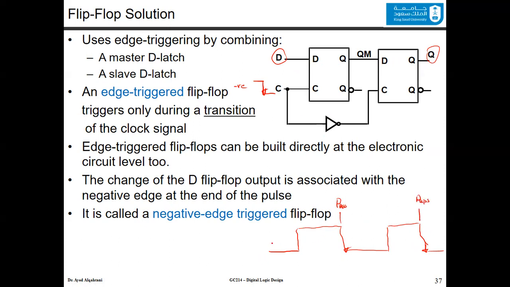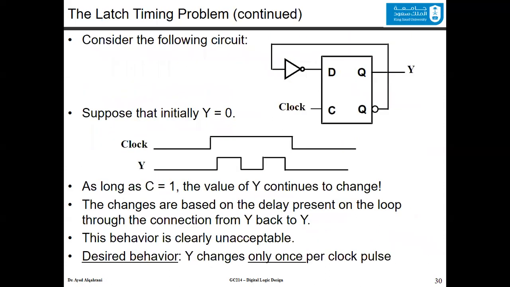Any other period, here or here or here, you are storing the value. So you are storing everywhere except in a single predetermined period of time, which is exactly when the clock goes down. This helps us solve this problem. So only when you have a falling edge will you consider passing. Any other place, you will save the value.